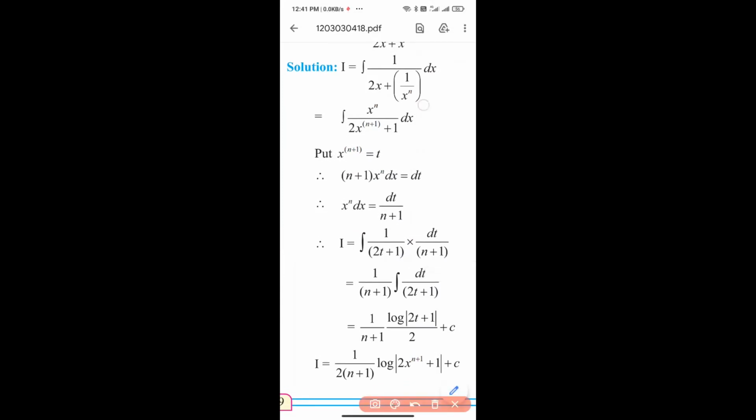Next is, so we have got this. Now till this there was no part of integration as such. This is just a simplification part.